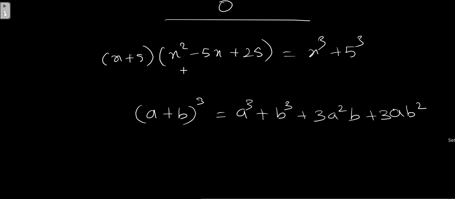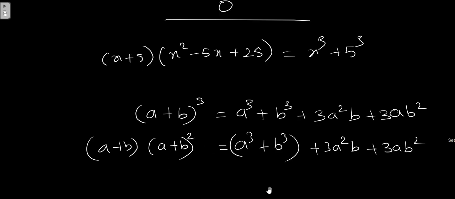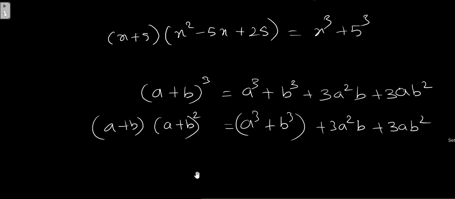So this is also a form we can refer to. Further, a plus b into a plus b the whole square is equal to a cube plus b cube plus 3a square b plus 3ab square.